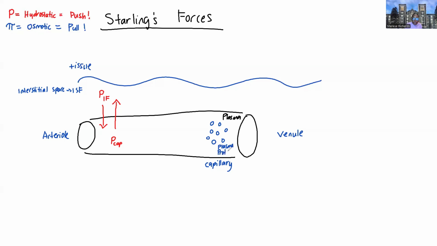These are proteins that help our blood to clot, a lot of different functional proteins that exist in our plasma. And so the oncotic or osmotic force from the plasma is always going to be greater, while the osmotic force in the interstitial fluid is almost negligible because there aren't very many proteins, or there shouldn't be, in the interstitial fluid space. So it's very negligible in terms of the plasma force.